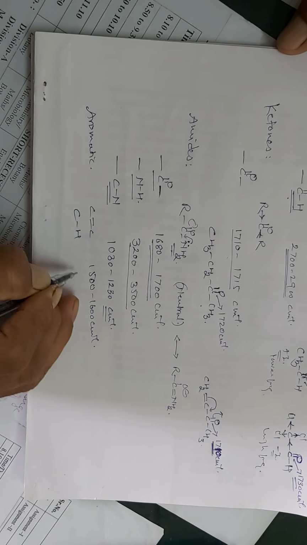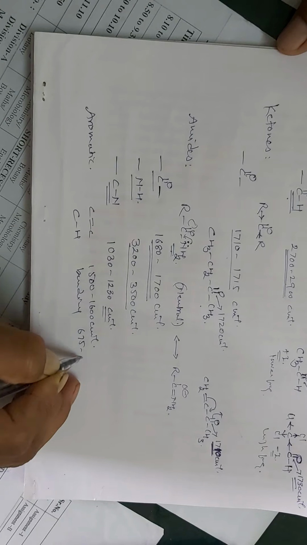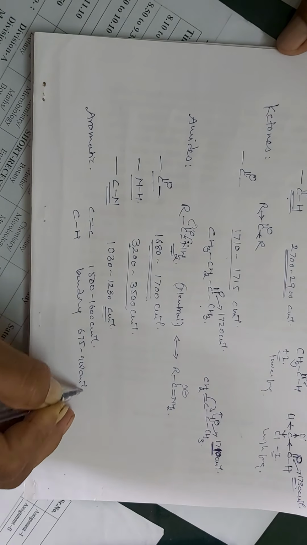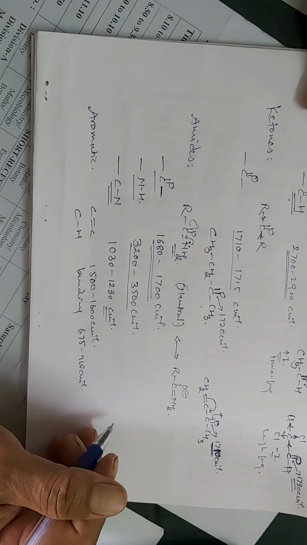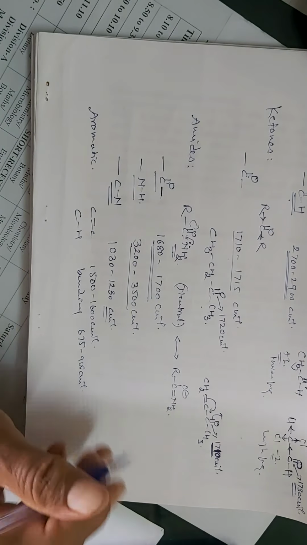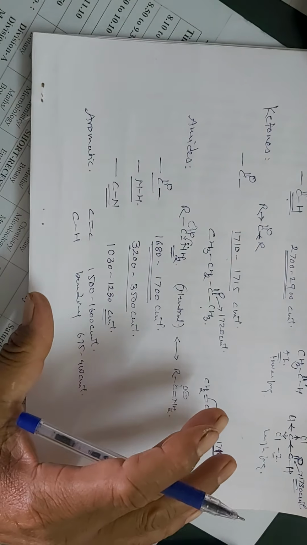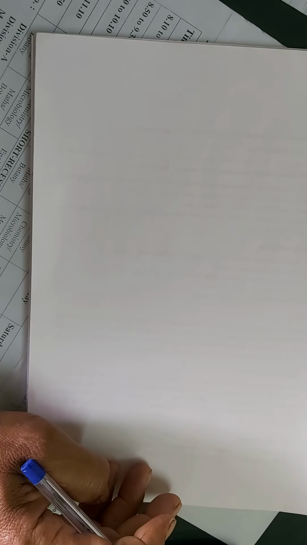Depending upon the type of substitution, we have seen the values for monosubstituted, disubstituted, ortho-, meta-, and para-disubstituted compounds. So these are the different absorption frequencies of the different functional groups, and we have mostly covered all the functional groups present in organic compounds.